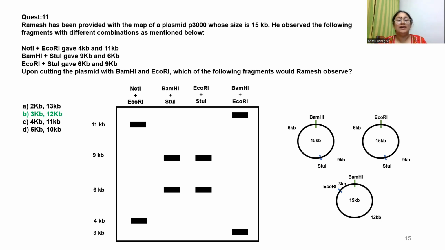Oh, very good. Why does 9 go to StuI and not 6? If I reverse this, like I place 6 here and 9 here, we need to find out which is common between BamH1 and EcoR1. If we place 6 here, then that commonness is going. If we are placing 9 here, EcoR1 and BamH1 are cutting and have the same size of fragments, only then is it possible that these have this common part.